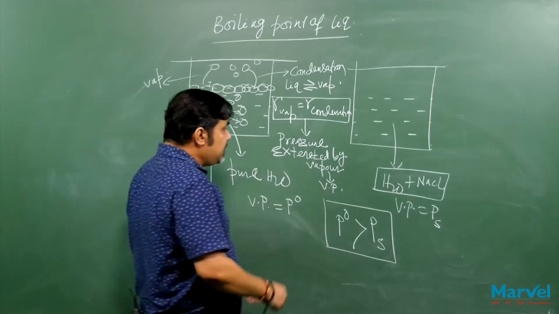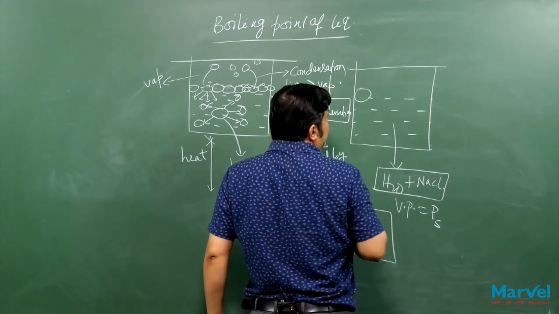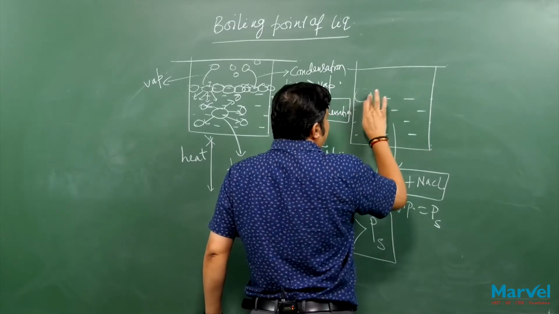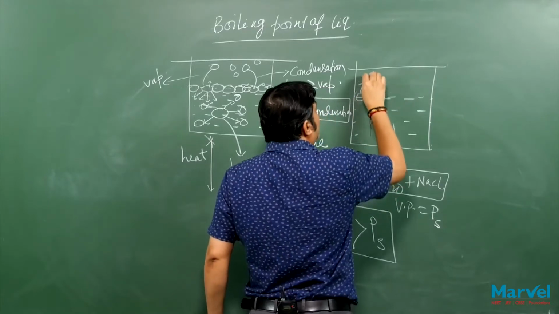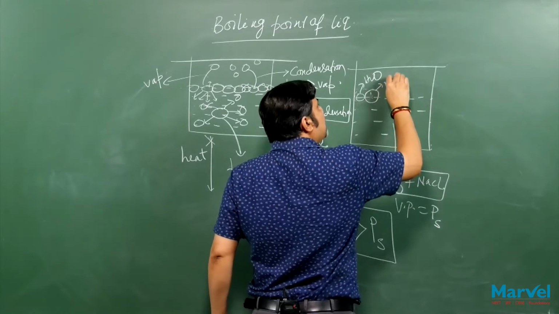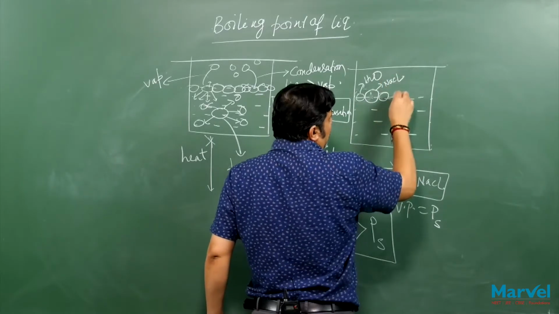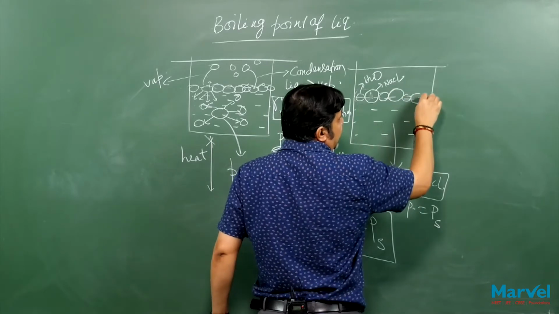But in the case of a solution, look here: there is an H2O molecule, and then there will be a NaCl molecule, because it is a solution. H2O molecule, NaCl molecule, H2O molecule, NaCl molecule.